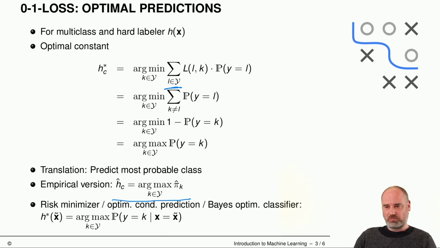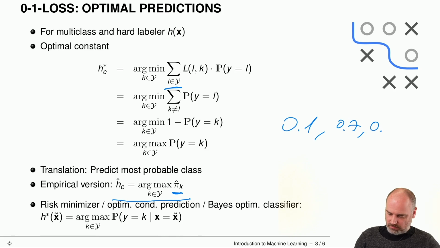In any case, what you empirically have to do is look at your training set and compute proportions of classes. These pi k hat guys here would be just your empirical proportions of your classes. Maybe for class 1, 10%, class 2, 70%, and class 3, let me make sure that this adds up to 1, so maybe 20%, and then you would predict this guy here, so class 2.